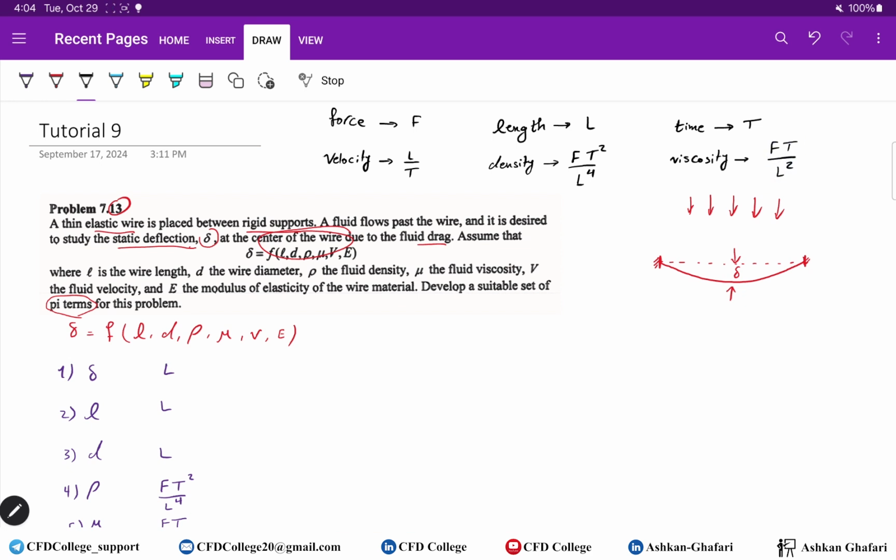What else do we have? Pressure, force over area, so F over L square.